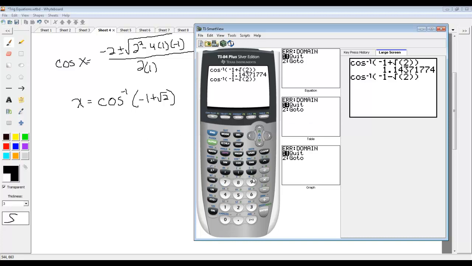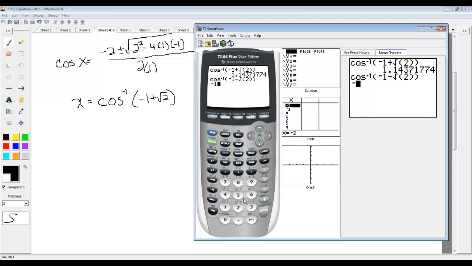If you put negative 1 minus square root of 2 by itself in, you get negative 2.414213562. You cannot take the inverse cosine of that. This is not in the domain of inverse cosine, because the domain of inverse cosine goes from negative 1 to 1. So that one's not going to work.